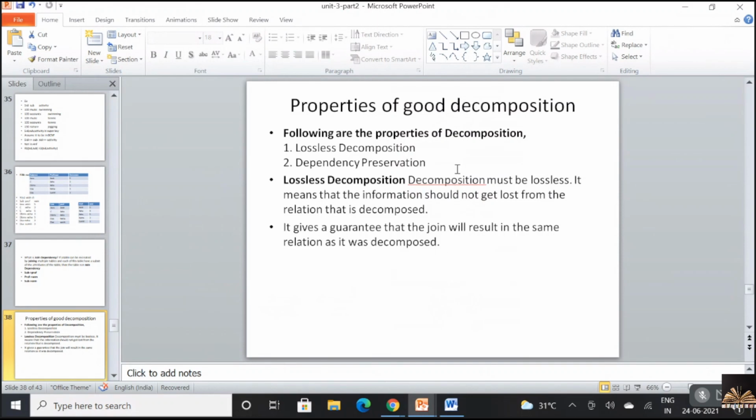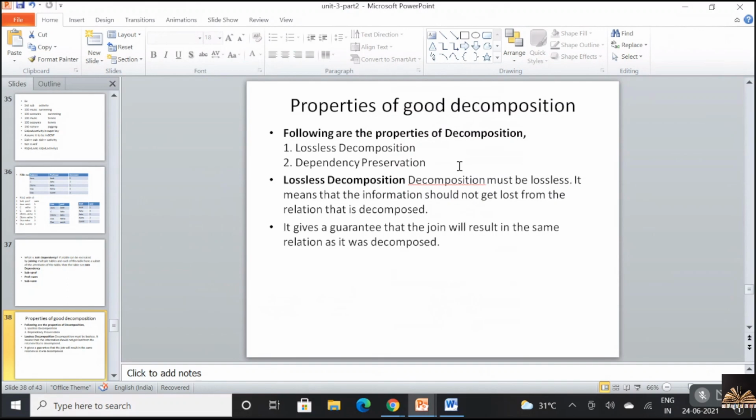The major concept of your decomposition should be that the decomposition should be lossless, which means that the information that was present in the original table should not be lost from the relation when the relation was decomposed.